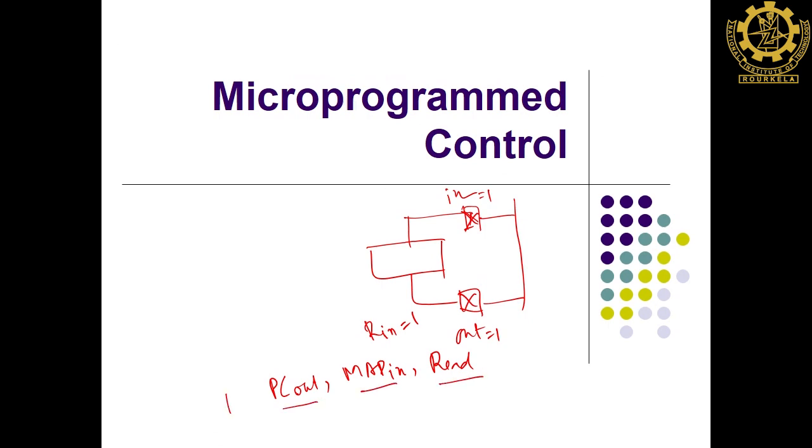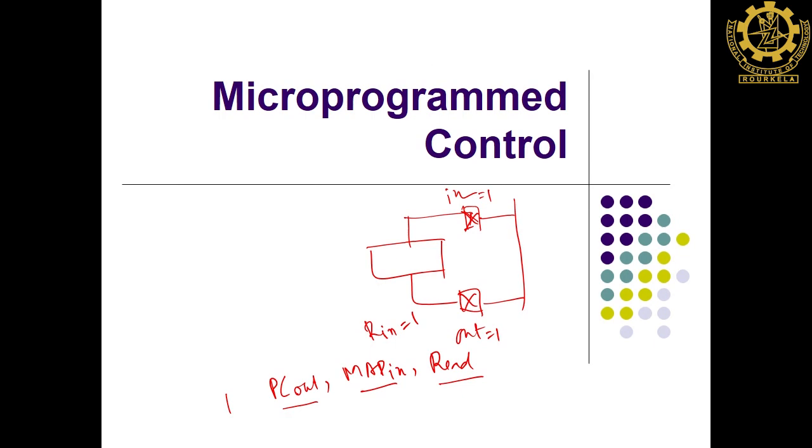So, we should design the control unit in such a way that in the first step of any instruction, all these signals should be 1. That is the task of the control unit, because these are the signals we want activated at the first step of each instruction. For generating the control signals we can also use the style of programming.